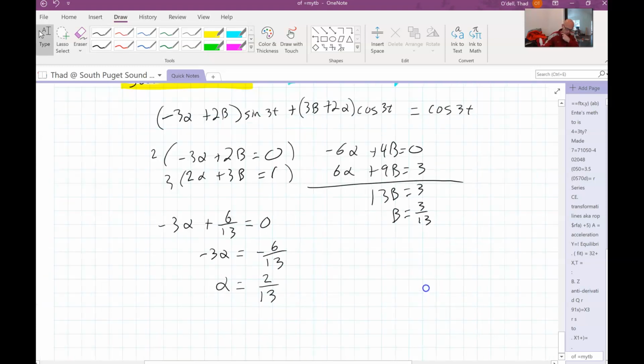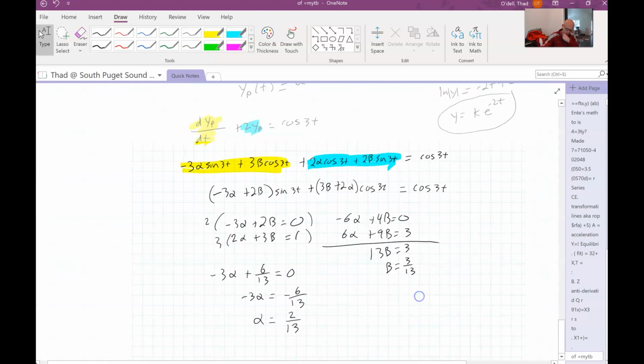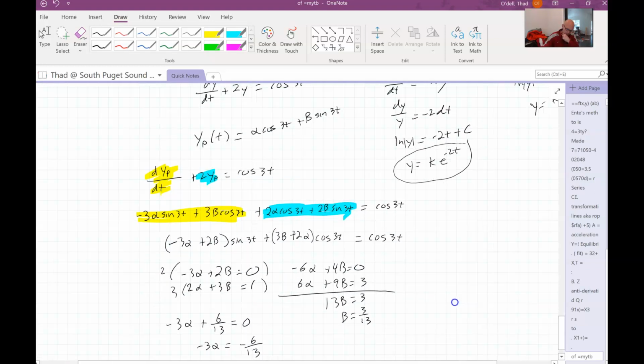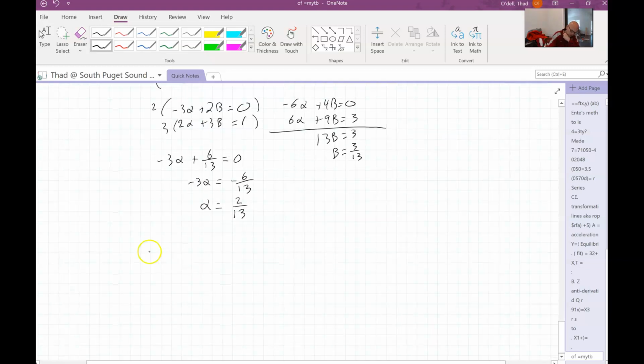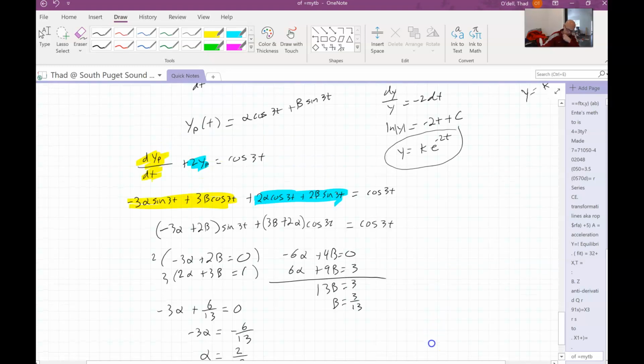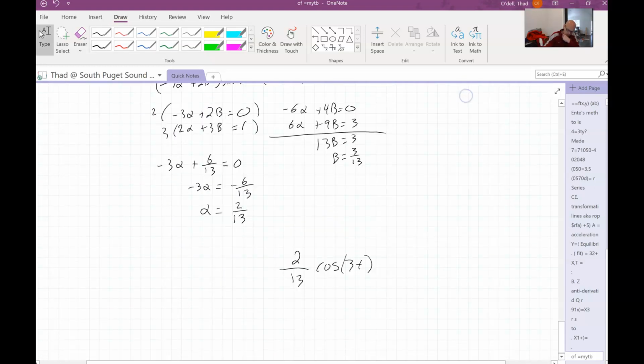So, if I remember what our original guess was, it was alpha cosine. So that would be 2/13 cosine 3t. And the beta was sine, right? So that would be plus 3/13 sine 3t. So that's the particular solution of the non-homogeneous differential equation.